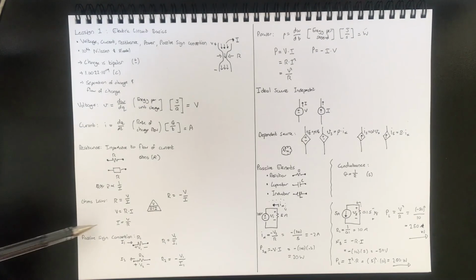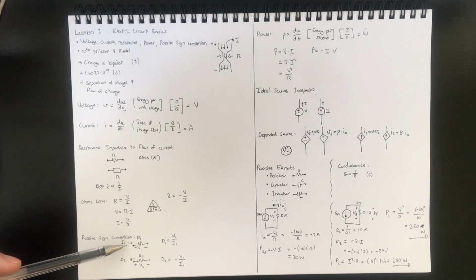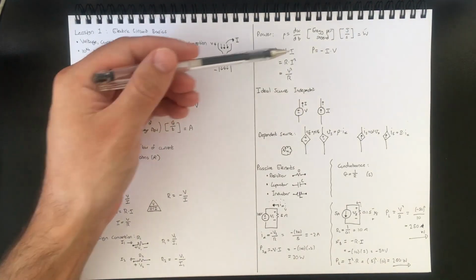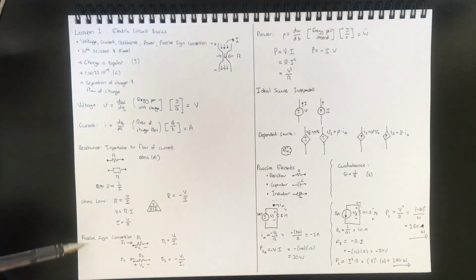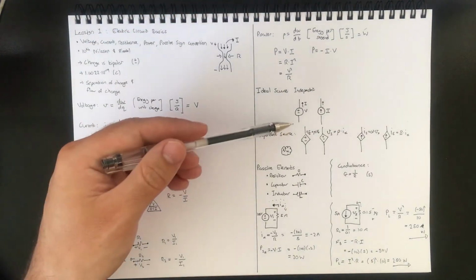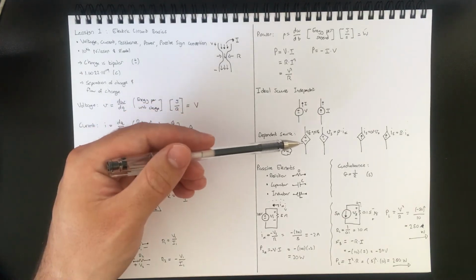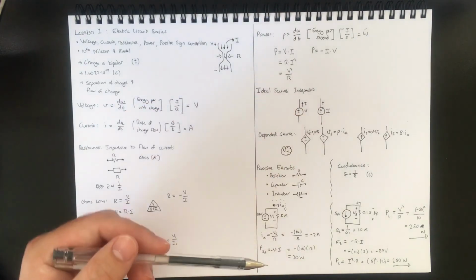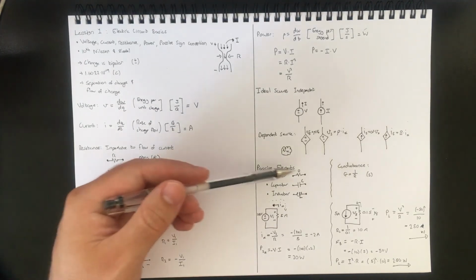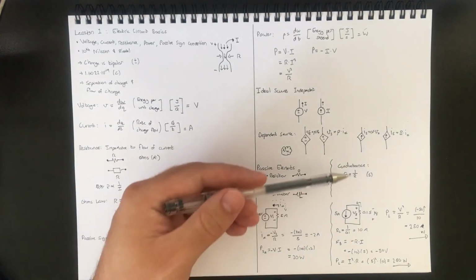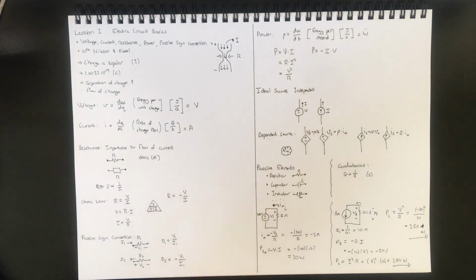We defined the passive sign convention, noting that the current of a passive element needs to flow into the positive terminal of that circuit element. We defined what power is, and power in terms of the passive sign convention. We defined the ideal voltage source and the ideal current source, and we defined the four dependent sources. We defined the three passive elements, what conductance is, and we did two simple examples.